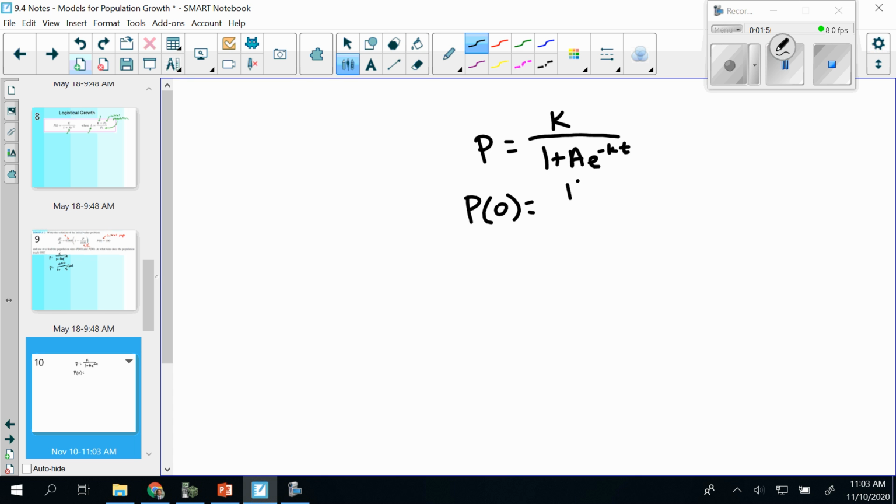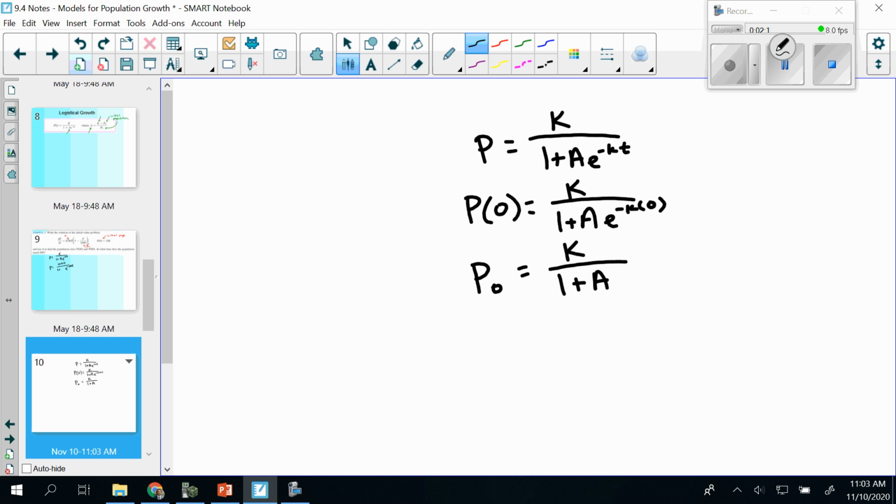So what would we get if we plugged 0 in? That simplifies it a little bit, because it doesn't matter what this k is at a time of 0. Anything to the 0 power is going to be 1. So now we have our carrying capacity over 1 plus just A, because e to the 0 power is 1.